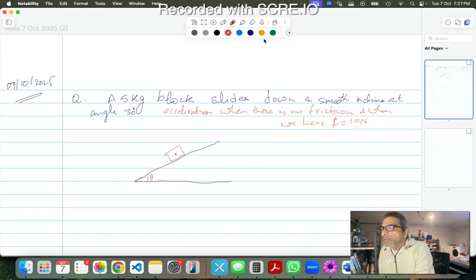Okay. Now, first we need to check the free body diagram, that is, what forces are acting on this system. So first is the weight, which is straightforward downwards, so this will be our W. Then in the first condition, where there is no friction, the sliding force goes in this direction.